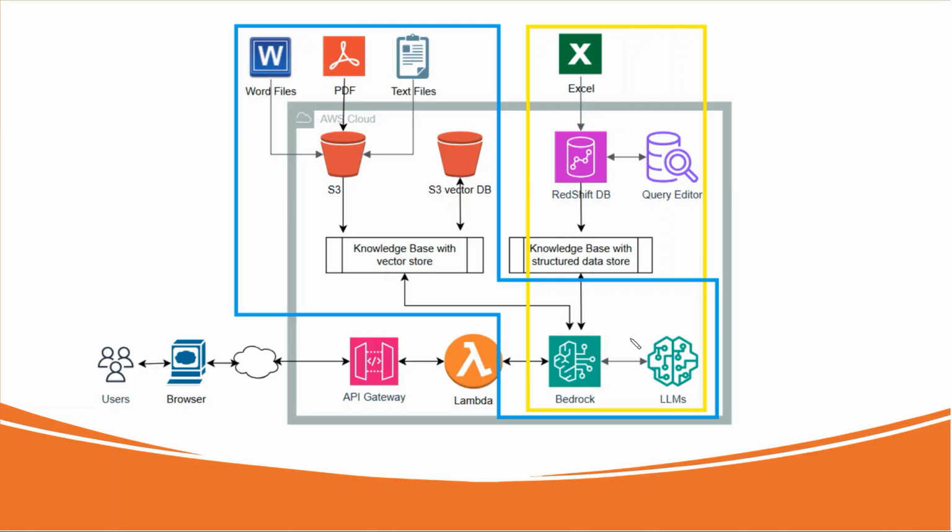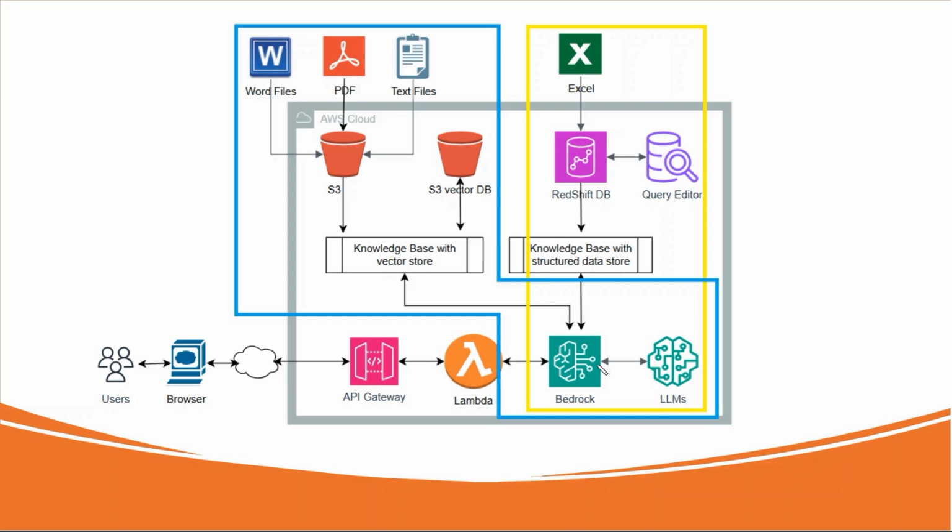The blue box is based on workshop 1. The yellow box is based on workshop 2. In this workshop number 3, we are going to build Lambda, API Gateway, and the browser, so that if you run it from the browser, it should tap our Bedrock application like a typical user out there from the public. So that's what we are going to be doing today.